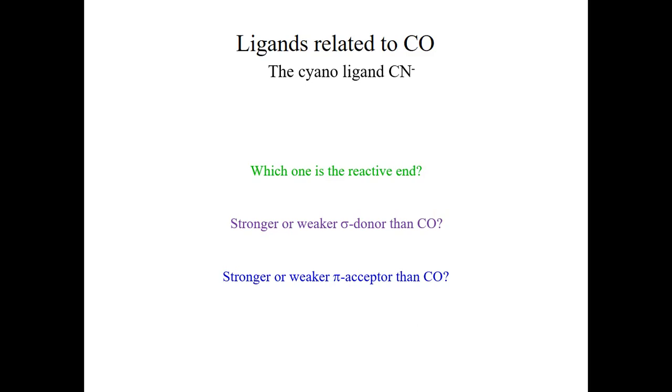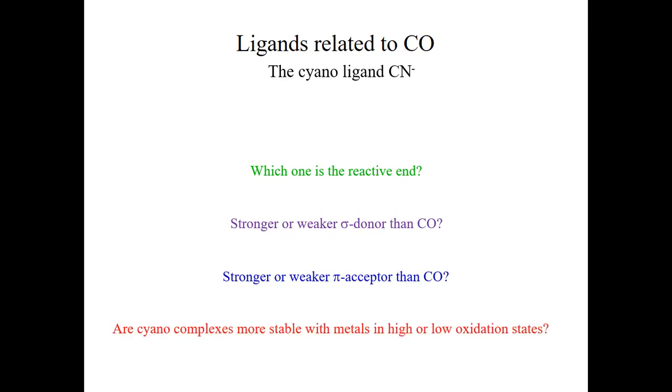In addition to that, the electronegativity difference between the carbon and the nitrogen is smaller, and therefore the pi star orbital of the cyano ligand is less located at the carbon. For that reason, the overlap of the empty pi star orbital of the cyano ligand with the metal d orbital is actually less, because the pi star orbital is more evenly distributed over the carbon and the nitrogen.